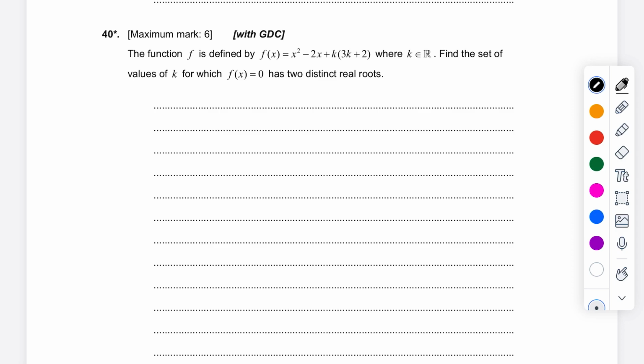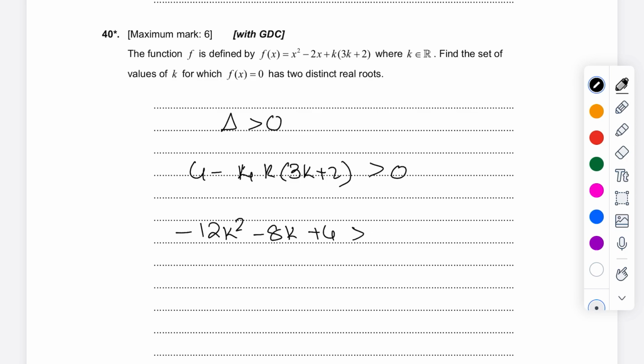The function where k belongs to R, find the set of values of k for which f of x has two distinct roots. Two distinct roots means delta should be greater than 0. So what does that becomes? 4 minus 4k times 3k plus 2, which should be greater than 0. So which becomes negative 12k square minus 8k plus 4 should be greater than 0.